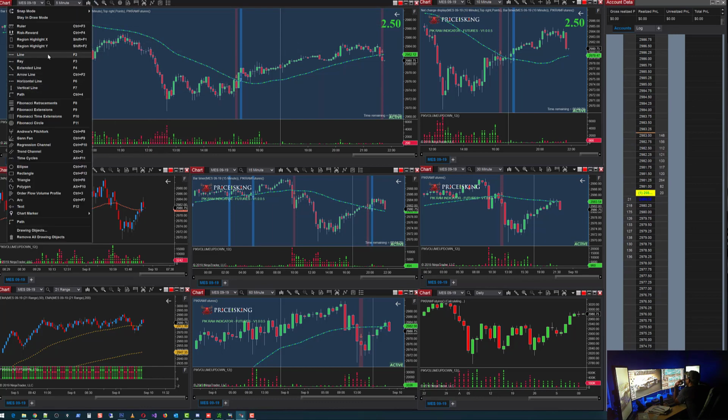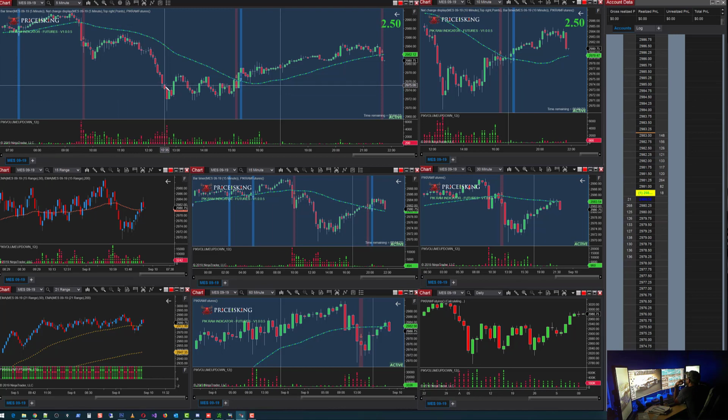And the great thing is, once it broke, I'd like to take a look at this right here. Once it broke, you would have gotten this leg up, and then look at this. Once this mark broke right here, it just took a leg up, and you would have had a couple of good handle trade days today, especially once the RAM indicator gave you an indication that, hey, we're going to move upwards, and that's where it went.